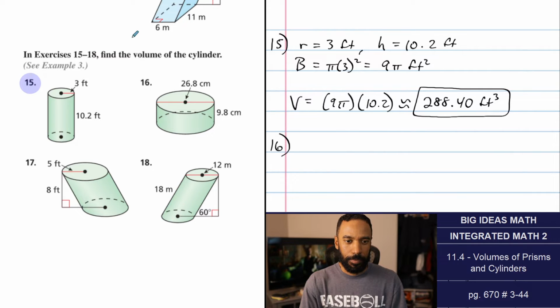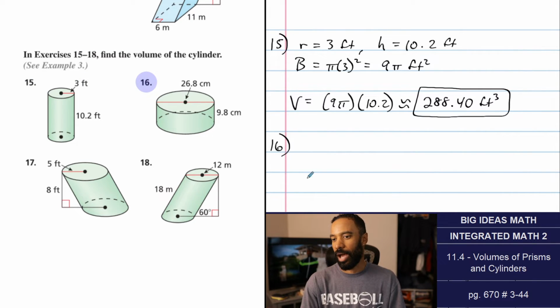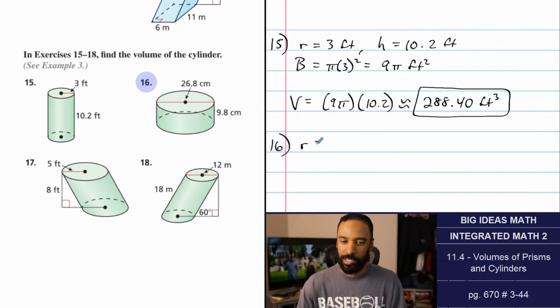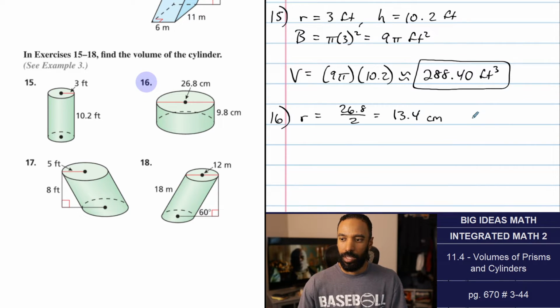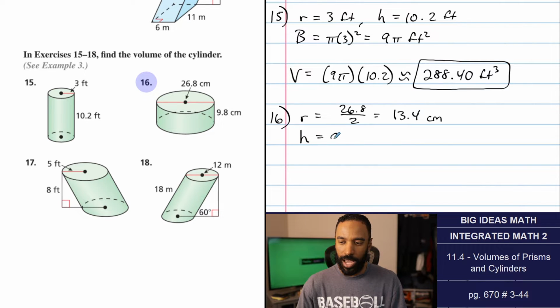Number 16. We have a cylinder, but this time with a diameter given, not the radius. So the radius will be half that diameter, 26.8 over 2, which is 13.4 centimeters. The height is 9.8 centimeters. I still have to find area of base, by the way. I keep skipping that.